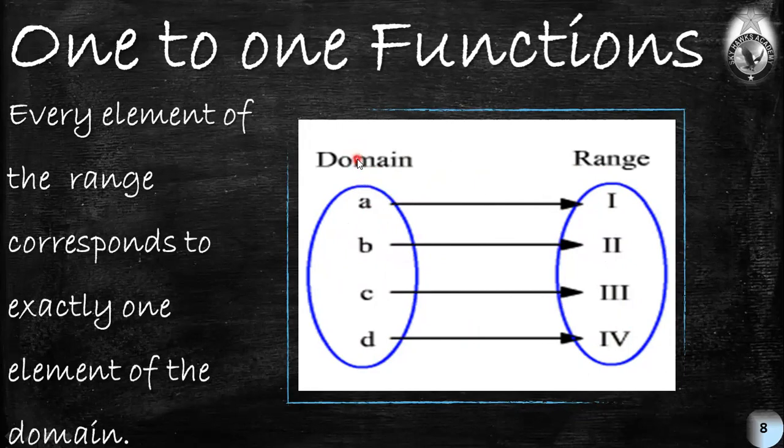The number of elements in the domain is 4, as well as the number of elements in the range, which is also called the codomain.